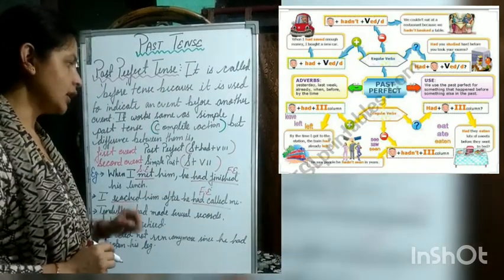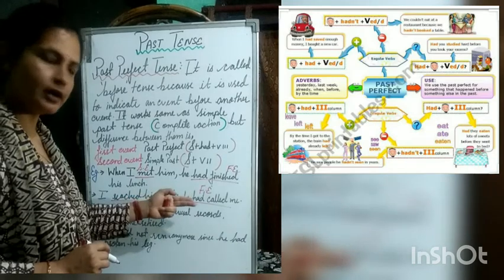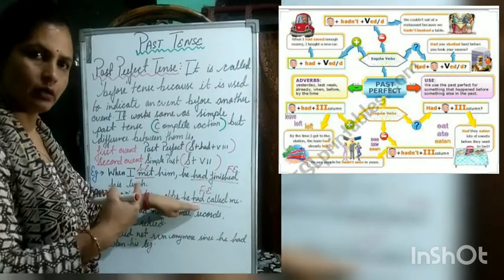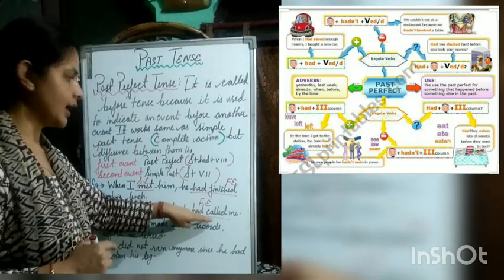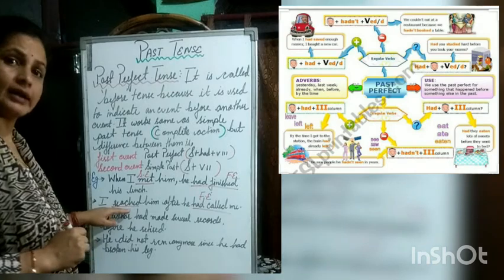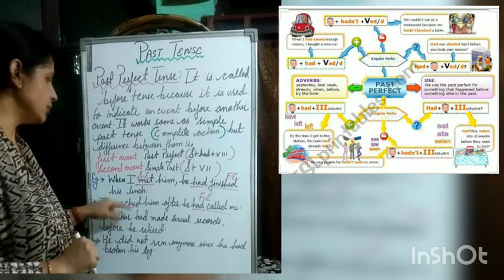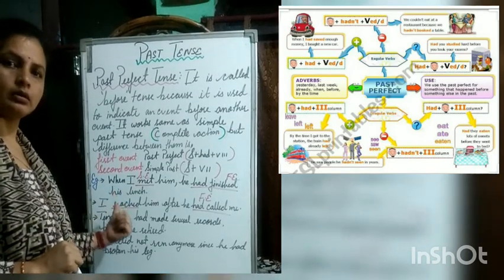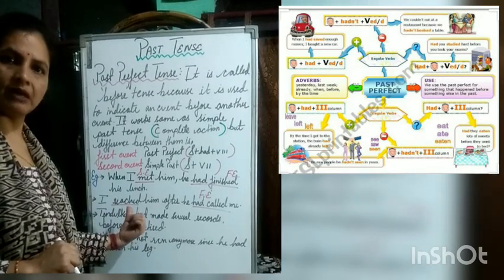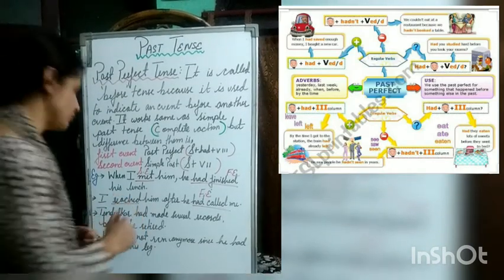It is also easy to identify because, as I told you, "had", the helping verb, is used here with the third form of the main verb. And "reached" is the second event because here we did not use any helping verb, we only used the second form of the main verb.